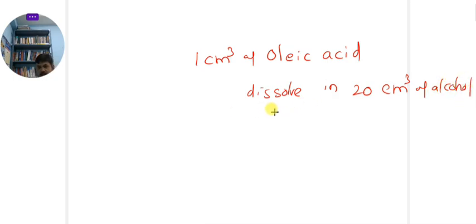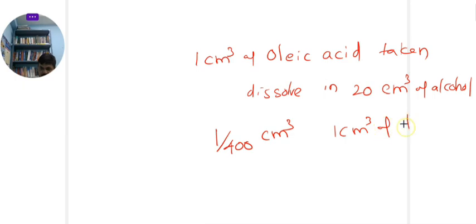So 1 centimeter cube of oleic acid is taken and dissolved in a 20 centimeter cube volume of alcohol. Clear? So the concentration becomes 1/400 centimeter cube when I take 1 centimeter cube of this solution.